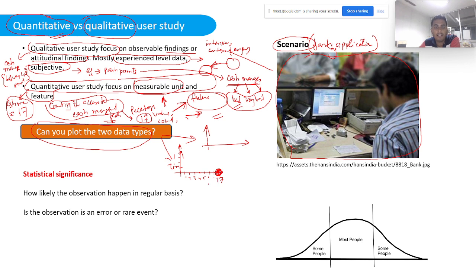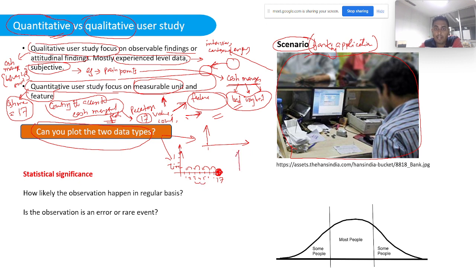Okay, 17, and for this particular feature, the count, the values are equidistant. That means from 3 to 4 the distance is 1, similar to from 4 to 5 the distance is 1.